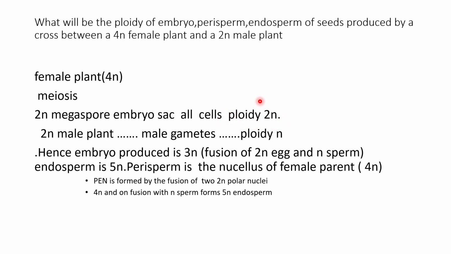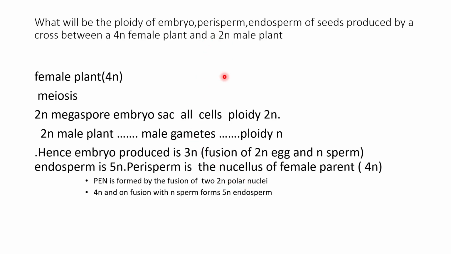This is the case with all the cells in the embryo sac. What is endosperm? Endosperm is formed by the fusion of one male gamete and the cells of the central cell of the embryo sac. So that is why it is going to be 5N. 2N plus 2N plus N.